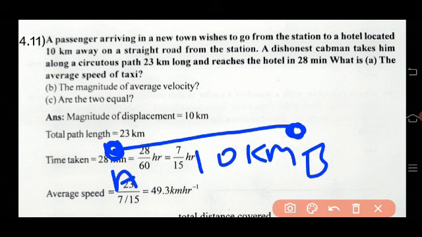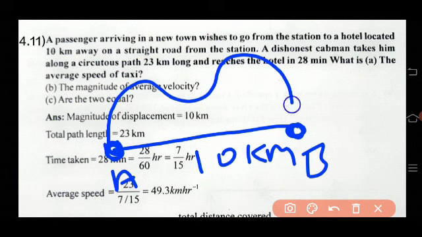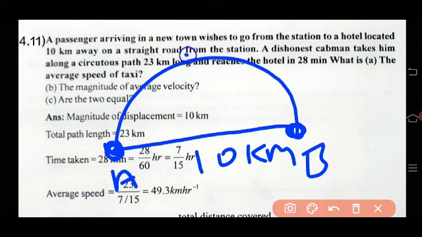But the cab driver, the taxi driver, takes him not in a straight line but in a circular path like this. So what is the distance he covered? He covers 23 kilometer.